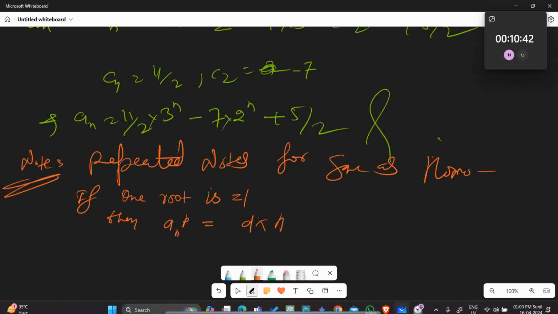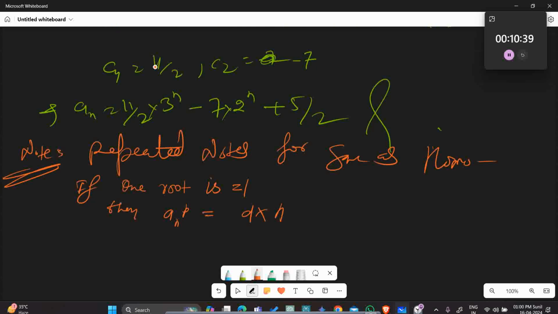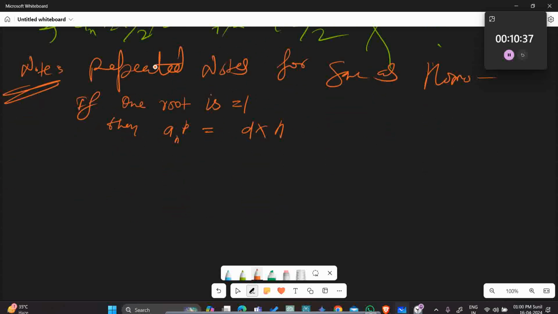So why is this? Let's say, for example, a of n is a n h plus a n p. It is equal to c1 into 1 to the power n plus c2 into 3 to the power n plus d to the power 1.